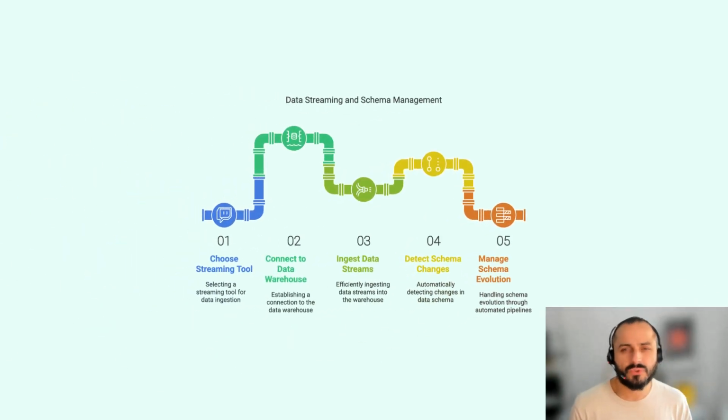Regardless of which streaming tool you choose, each data warehouse has a connector or interface to ingest these streams efficiently. Managing schema evolutions, such as adding new fields or changing data types, can be handled through automated pipelines that detect new structures on the fly, although the ease of this process differs across each platform.